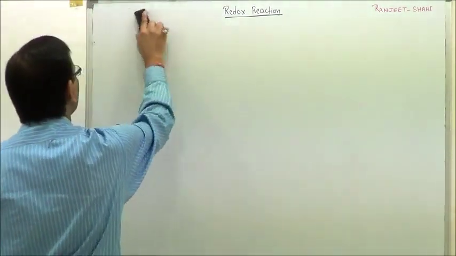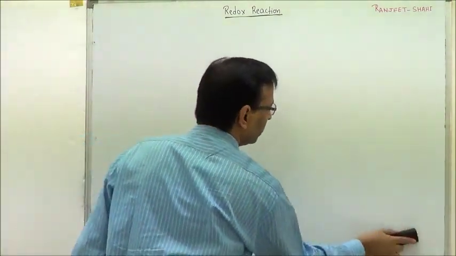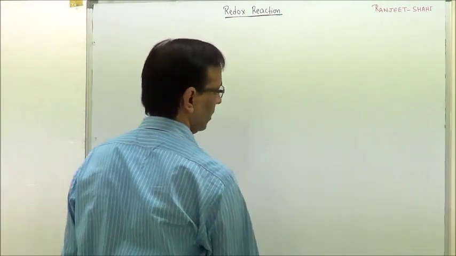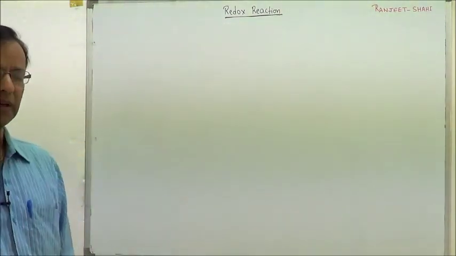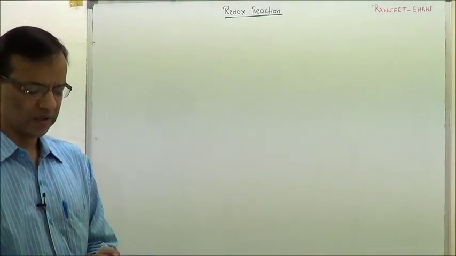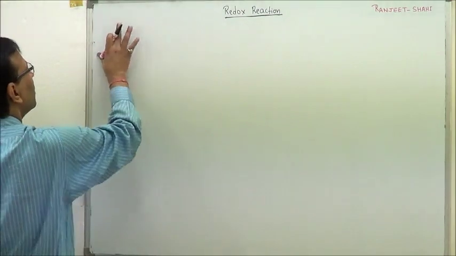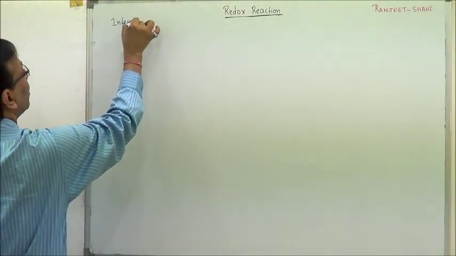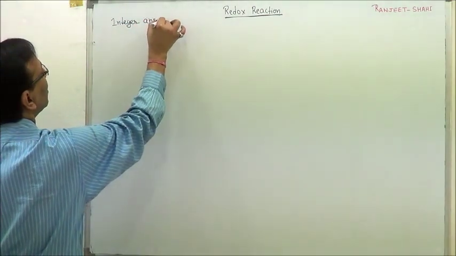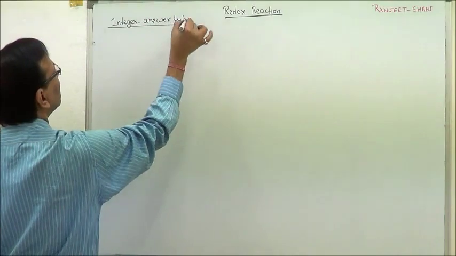And we have to work out that question subjectively. So it is more or less a subjective type of question. Subjectively we can answer this type of question only. So integer answer type questions we are going to take.